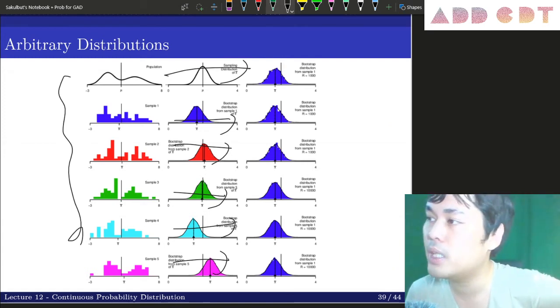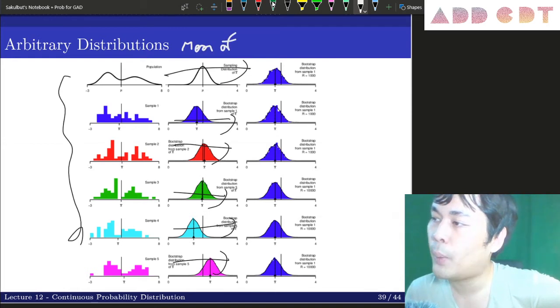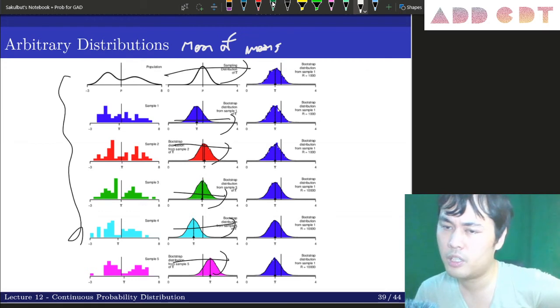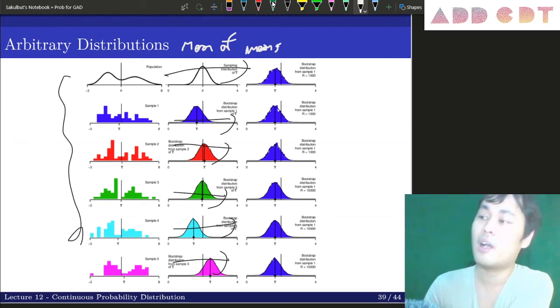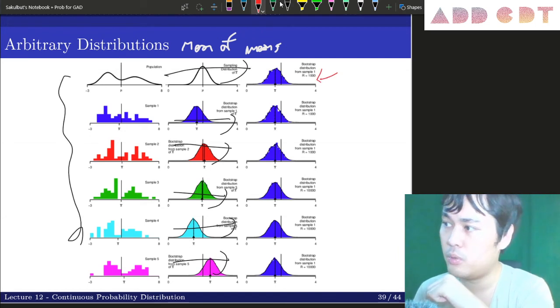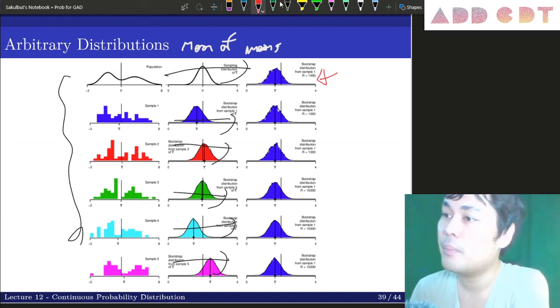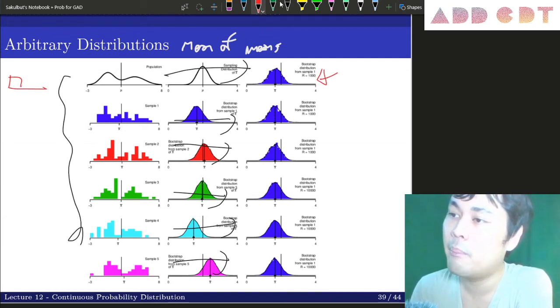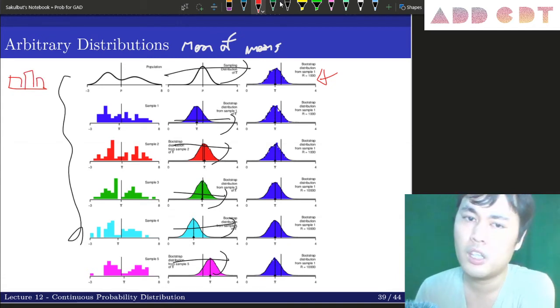If you compute the means of the means, then no matter what kind of distribution you start with, eventually they are going to be a normal distribution, right? That means you may have a binomial, a discrete binomial distribution.